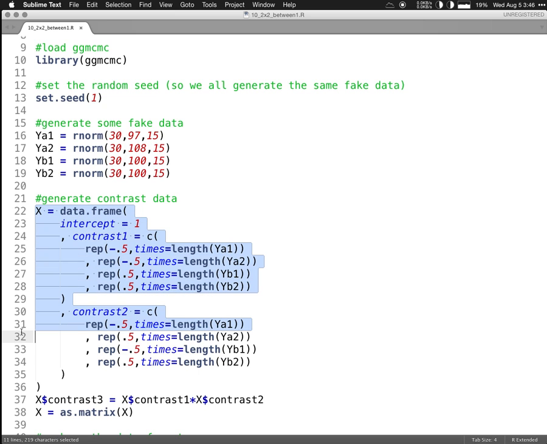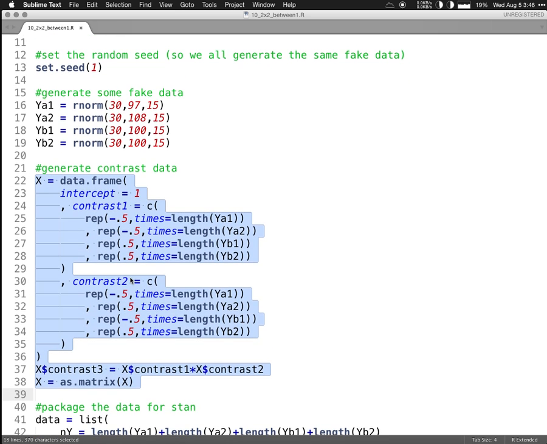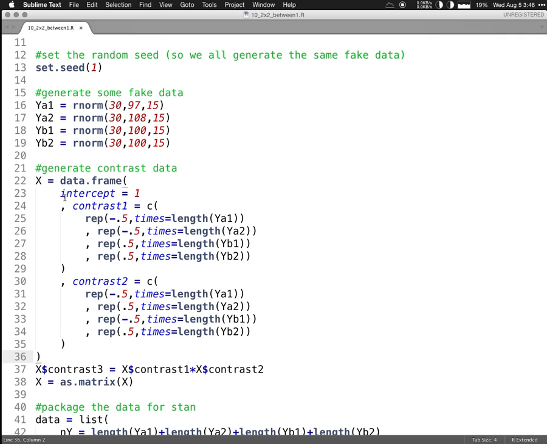It's a little bit more cumbersome to write when you're creating the data from scratch. But if you have data that you've already read in, it's very easy to generate these contrasts just from what your factors are in your data frame. But I'm generating these. So I create a data frame called X. There's one column that's just all ones, and that's going to code for the intercept.